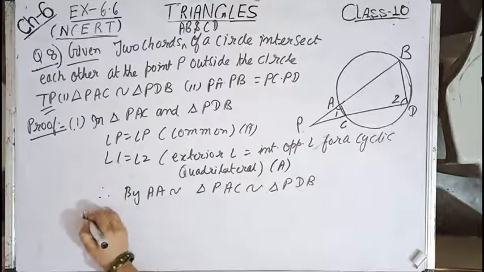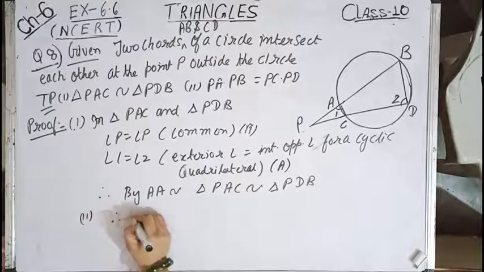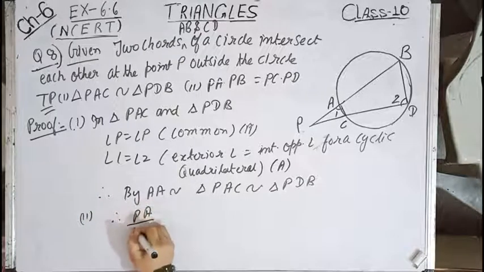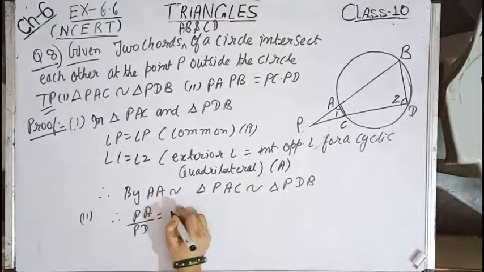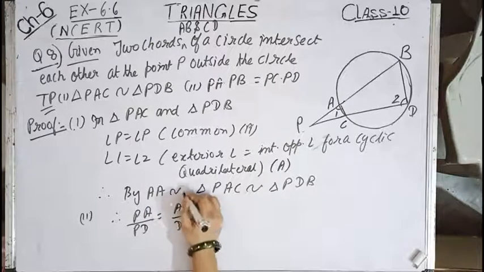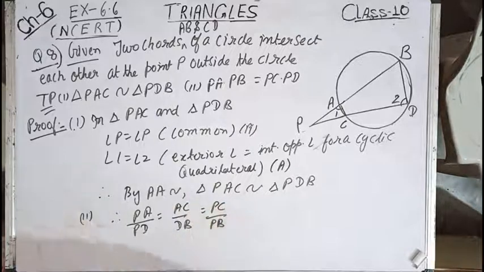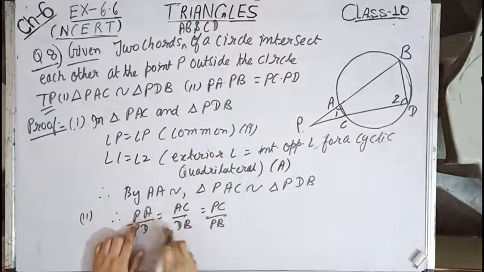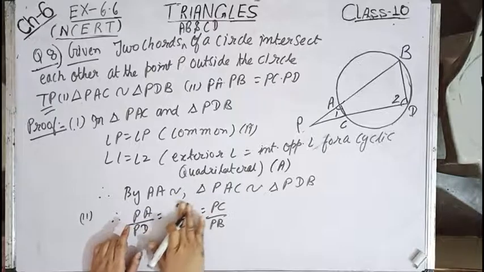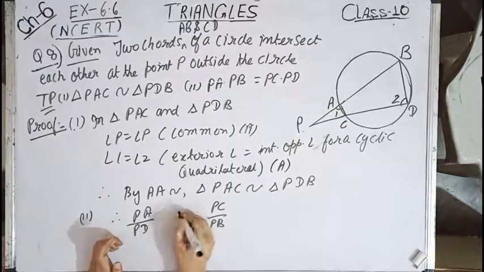Here number 1. Now number 2. Therefore, PA by PD equals AC by DB equals PC by PB. I want PA into PB. So I am rubbing this and I will be writing equals to.